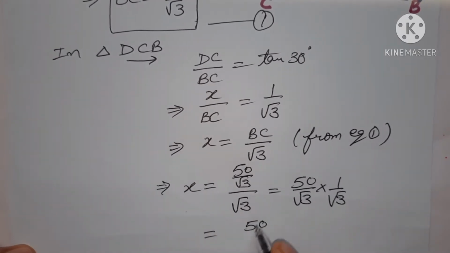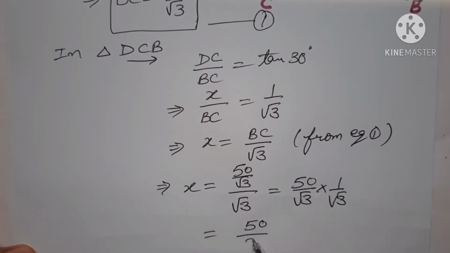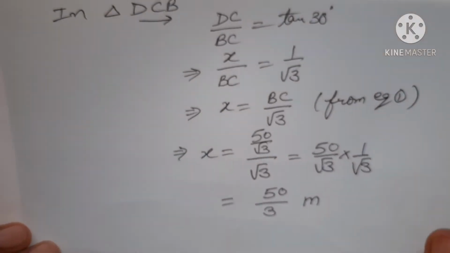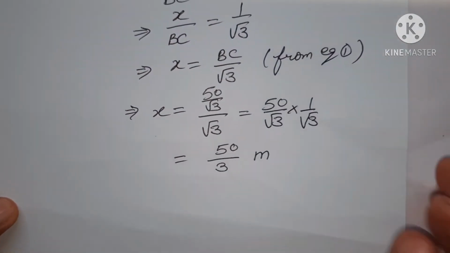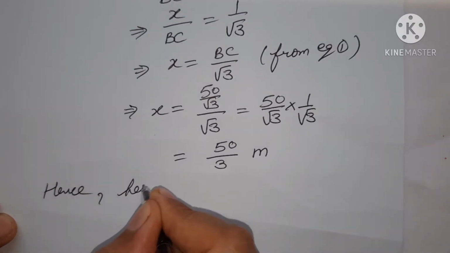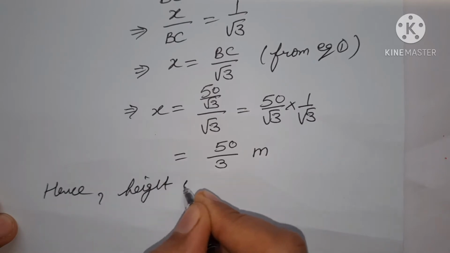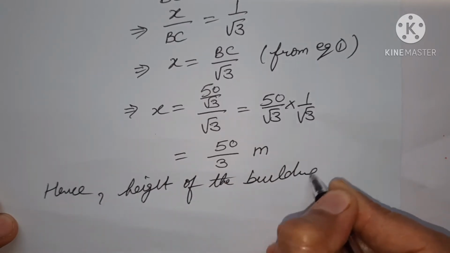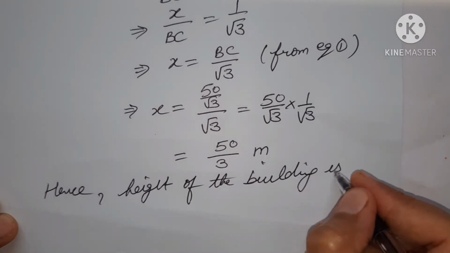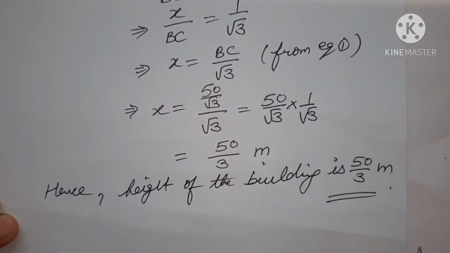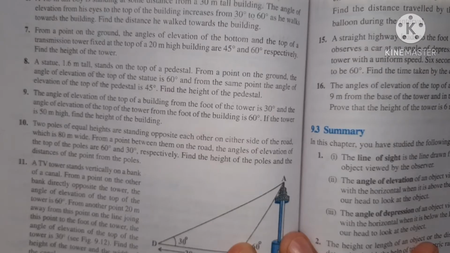When we multiply it, it is 50 upon 3, and the units are meters. This is the height of the building. So in the last we will write, hence the height of the building is 50 upon 3 meters. This is the answer.